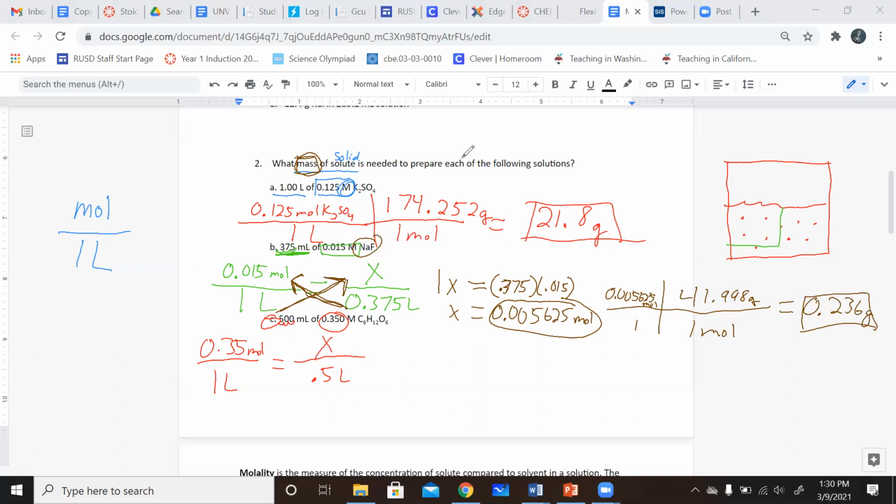We cross multiply, just like we did before, this way and this way. We get 1x equals the product of 0.5 times 0.35. Okay, and then we get x equals, once we solve that out, 0.175.